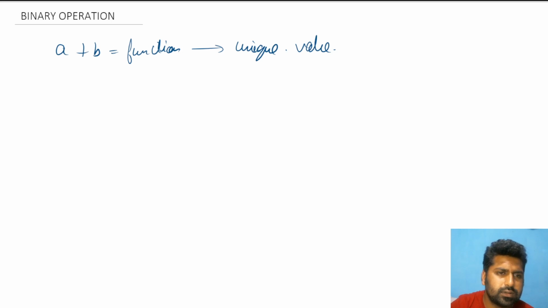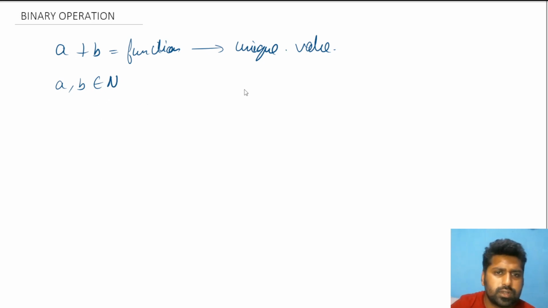Suppose we are performing addition on the set N. A and B both belong to, let's say, the natural numbers.